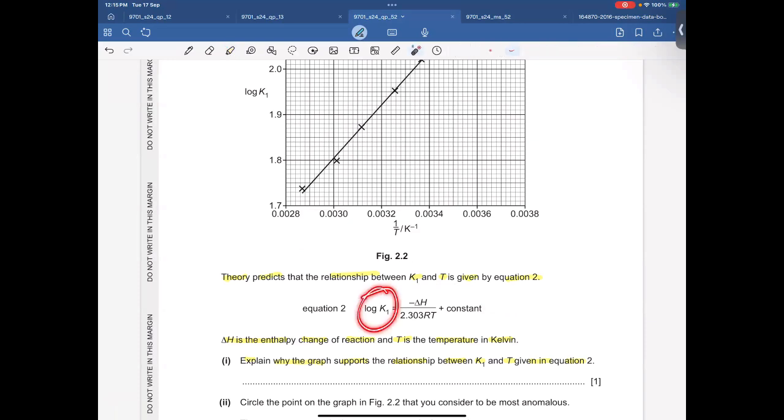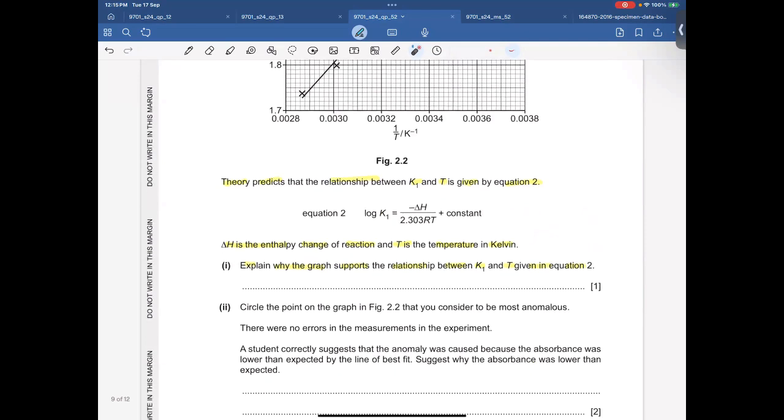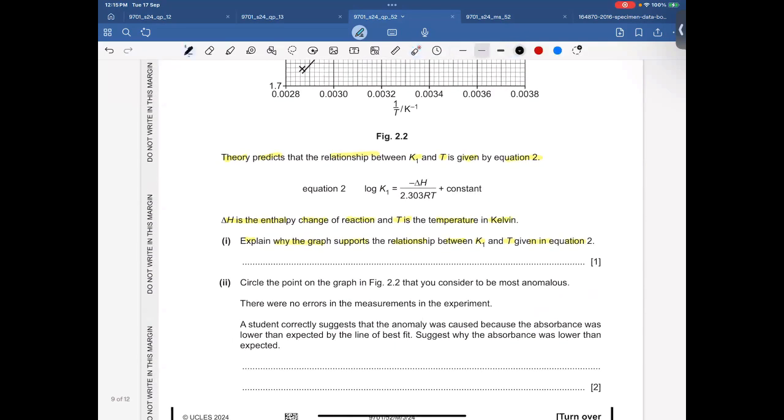This log K1 has the relationship with temperature. Okay. So there is a straight line graph, which indicates that both log K1 and 1 over T are proportional to each other.